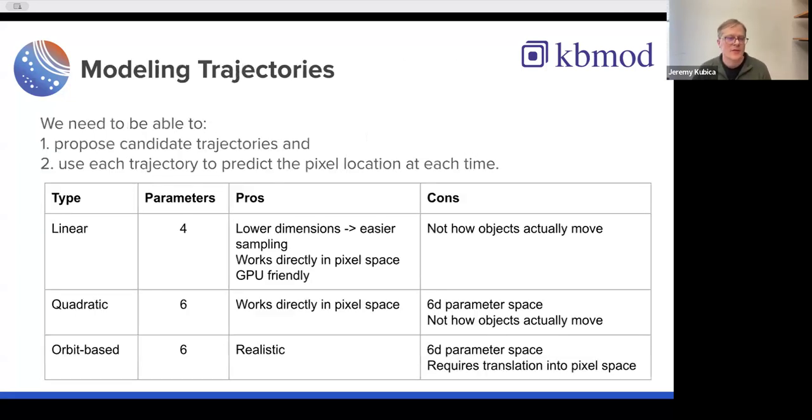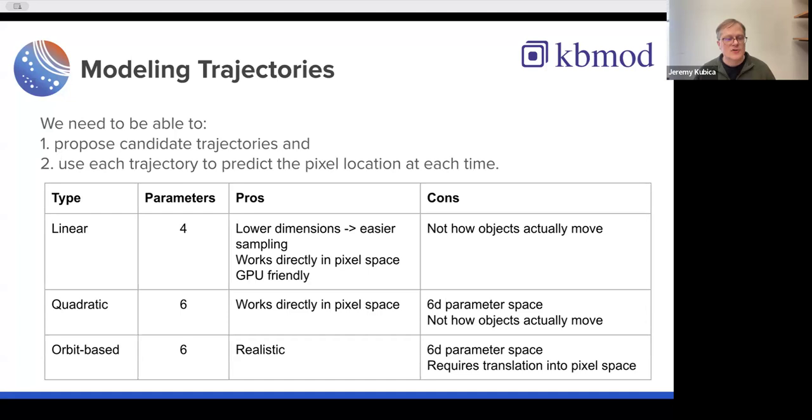Now, the second question that we need to answer is how we actually model the trajectories. We could use a bunch of different ways of trying to predict where an object would be in a pixel. KBMOD uses a linear approach, and this balances off lower dimensionality, which means a smaller grid of total trajectories we're going to search, with the fact that objects don't actually move linearly across images, especially not when the Earth is moving and the object is moving as well.